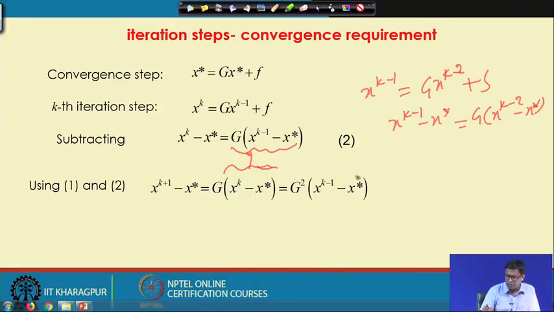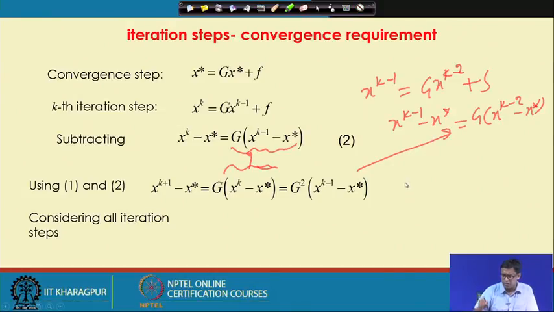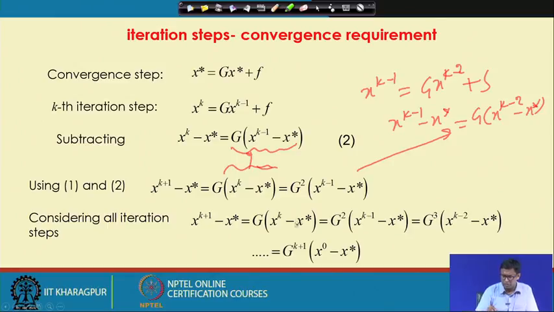So, here we can further substitute this and we will get G cubed (x_(k-3) minus x star), and we can go on and finally get G to the power k plus 1 times (x_0 minus x star). So, the initial guess x_0 and the (k+1)th iteration guess are related as x_(k+1) minus x star is G to the power k plus 1 times (x_0 minus x star).